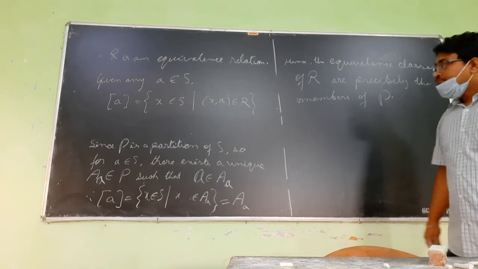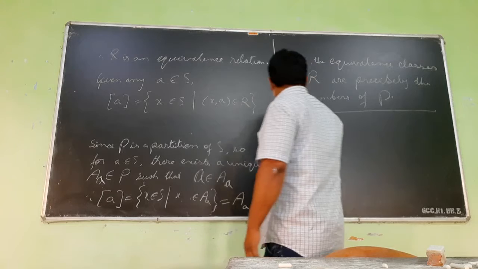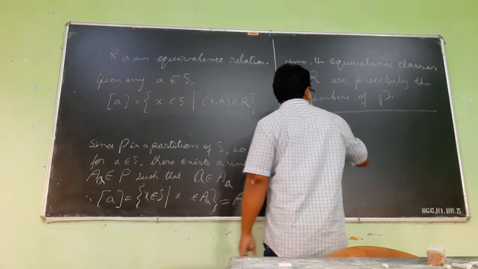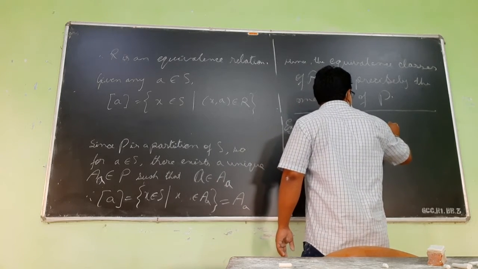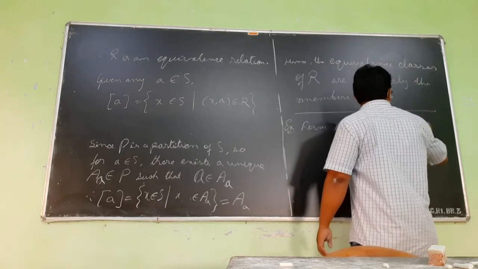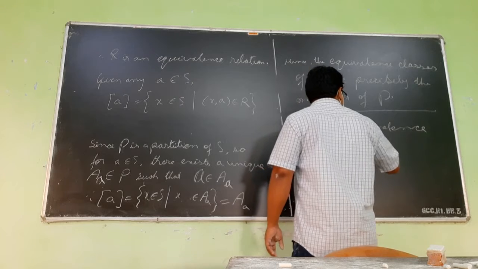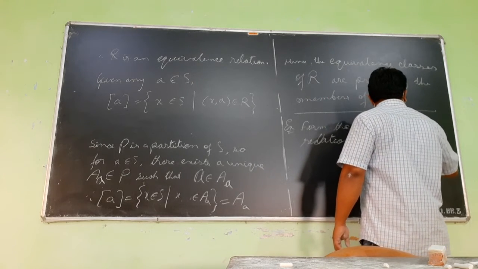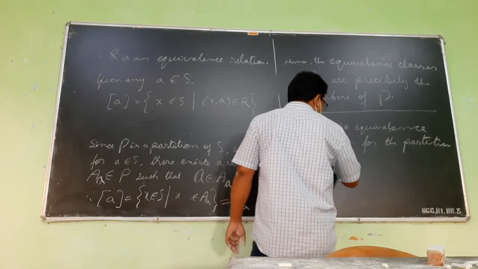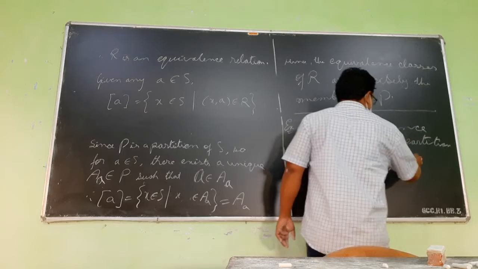Clear? Form the equivalence relation for the partition P equal to, say, {1, 2}, {3, 4}, {5, 6}.